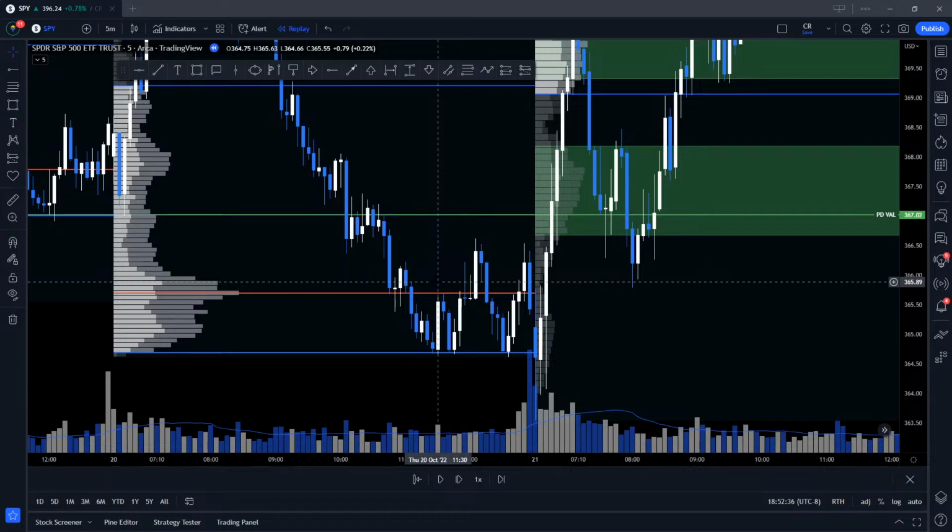As retail traders, there's very few things that we can control, but we have to make sure that we control the things that we can control. What we can control is what we're risking and making sure that there's enough meat on the bone for every single trade. And what we can control is where our stop loss is and where our take profit is.